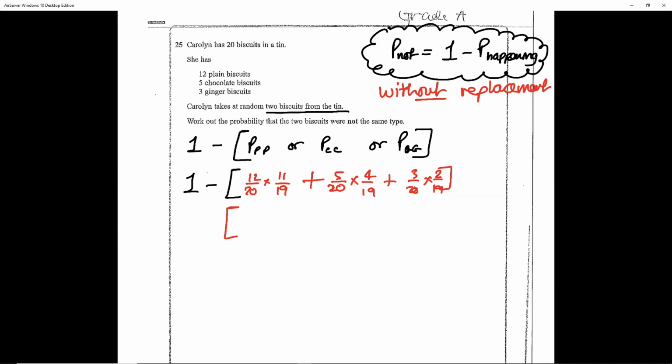So 12 times by 11 is 132. What's 20 times by 19? 380. And the next one will be 20 over 380, and the next one is 6 over 380.